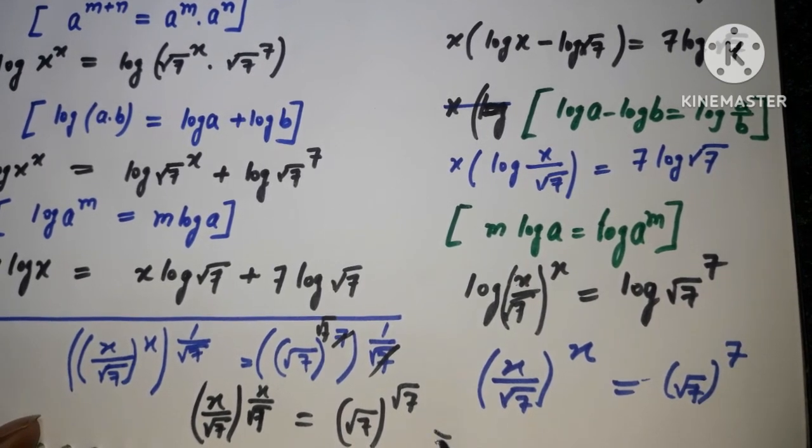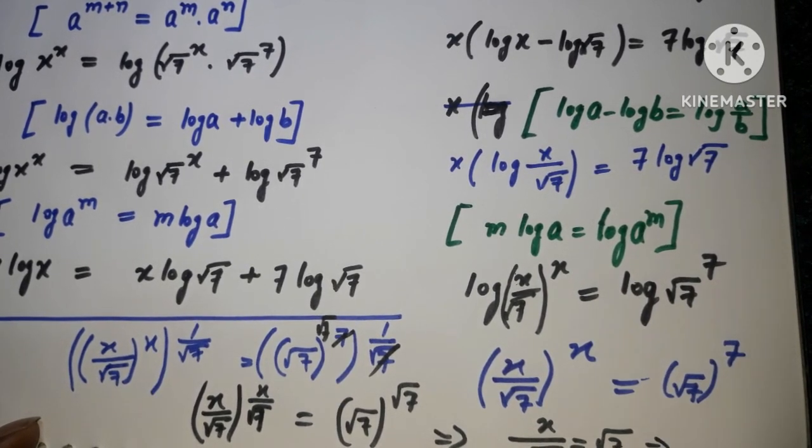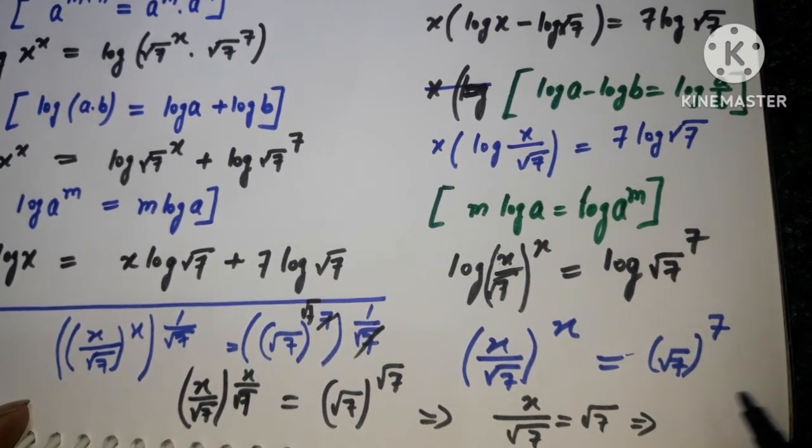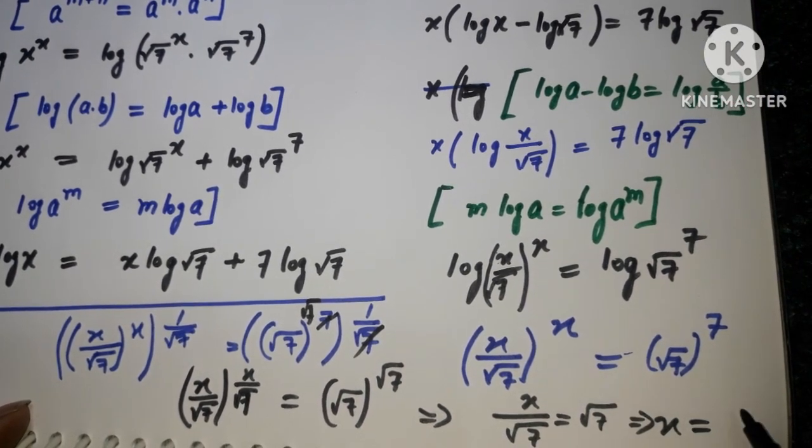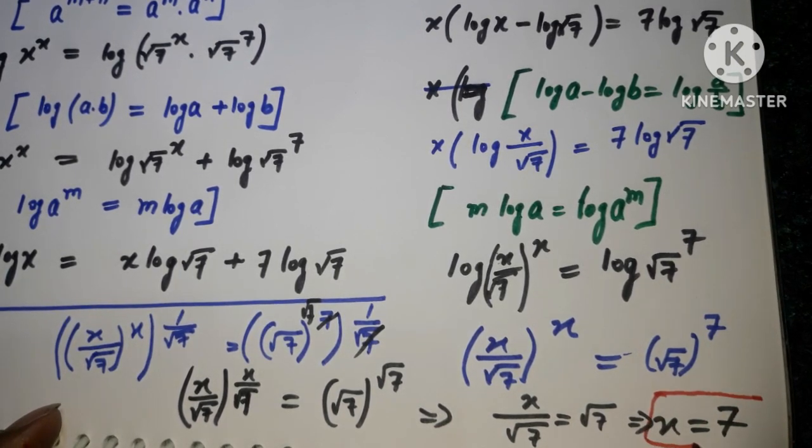That's why we have this conclusion that x upon root 7 is equal to root 7, and this implies that x is equal to root 7 into root 7, that is 7.